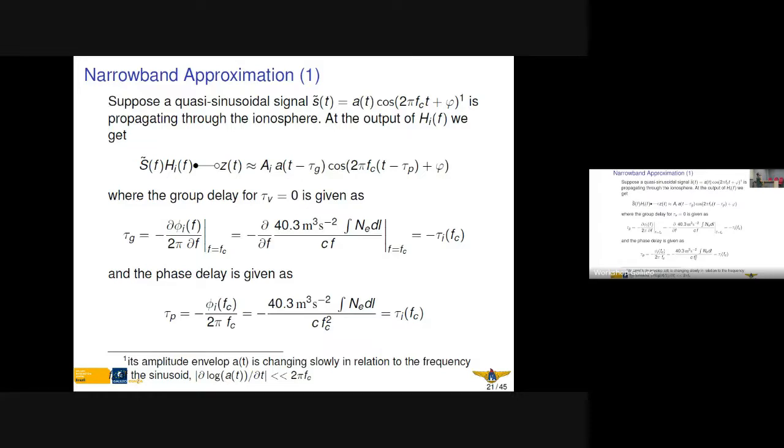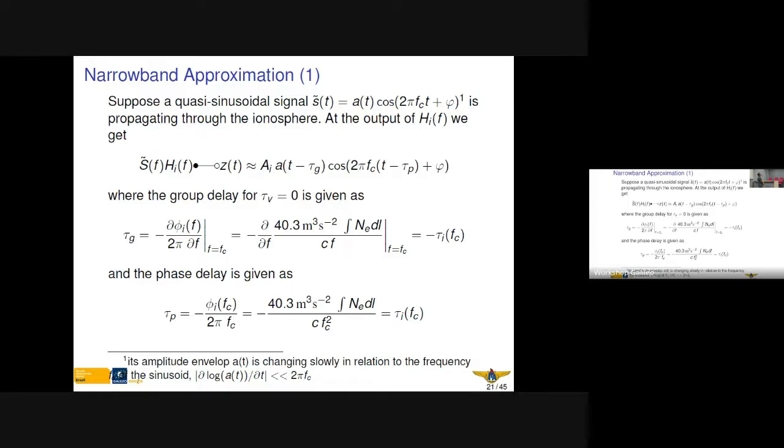If S tilde of t is a sinusoidal signal, A of t times cosine of 2 pi fc t plus a phase phi, and its amplitude envelope A of t is changing slowly in relation to the frequency fc of the sinusoid, meaning the absolute value of the derivative of the logarithm of A of t with respect to t is much, much smaller than 2 pi fc.